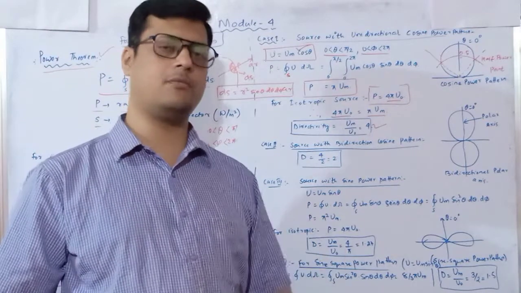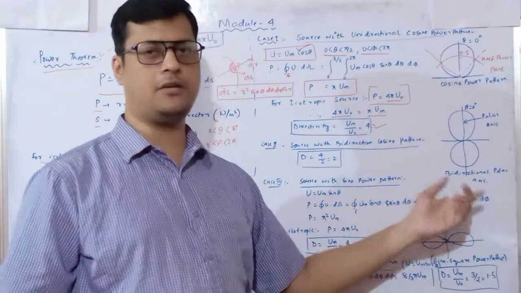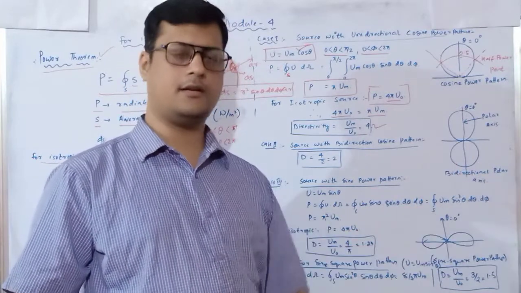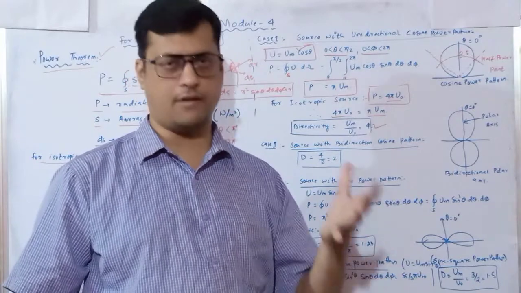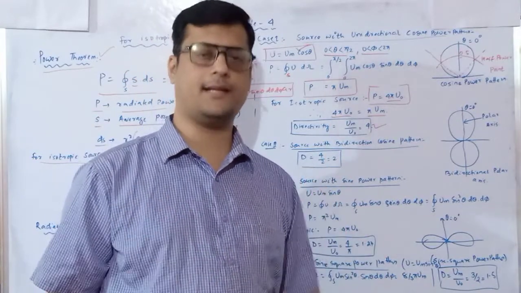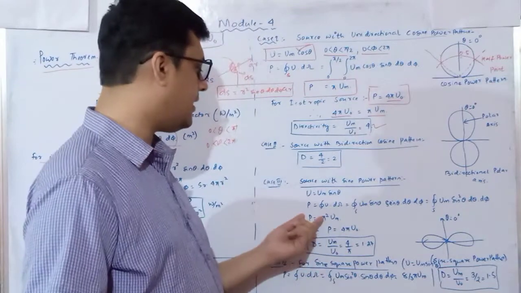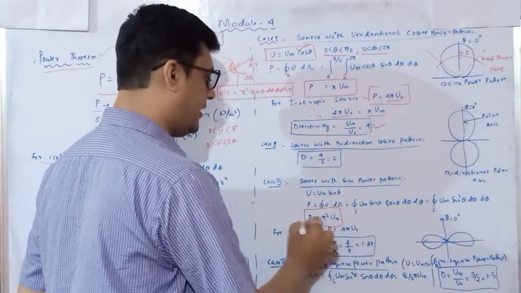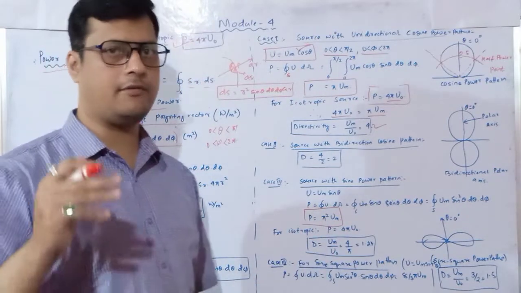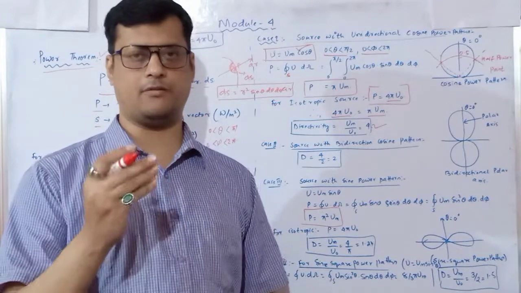In place of d omega, substitute sin theta d theta d phi. You will get sin square theta d theta d phi. Sin square theta can be written as 1 minus cos 2 theta divided by 2. It is a simple integration. After integrating, substitute the values. You will get around pi square. So pi square into, again we have to take with respect to the isotropic antenna and form a relation with respect to directivity.